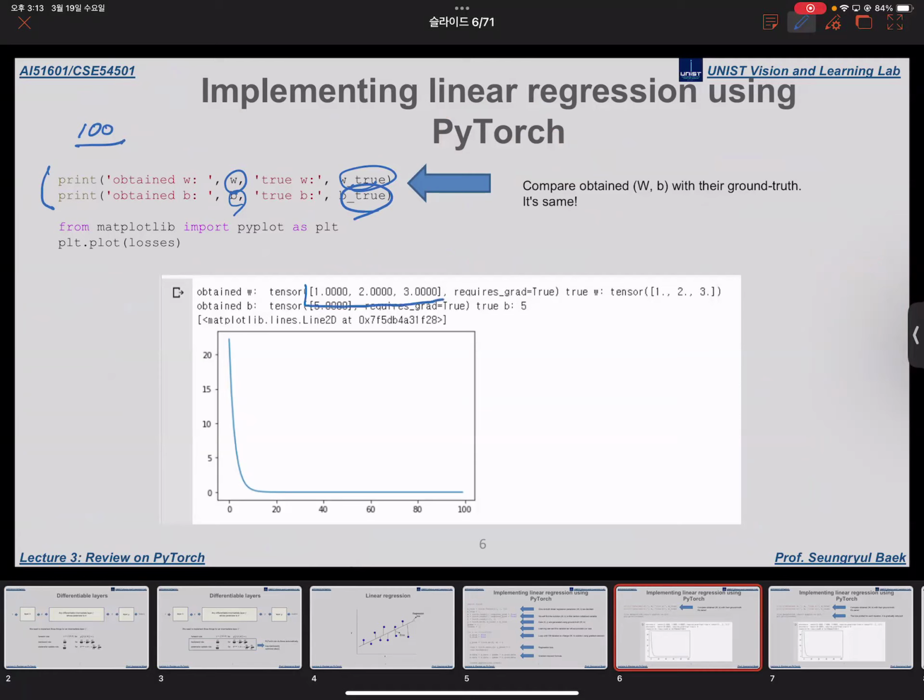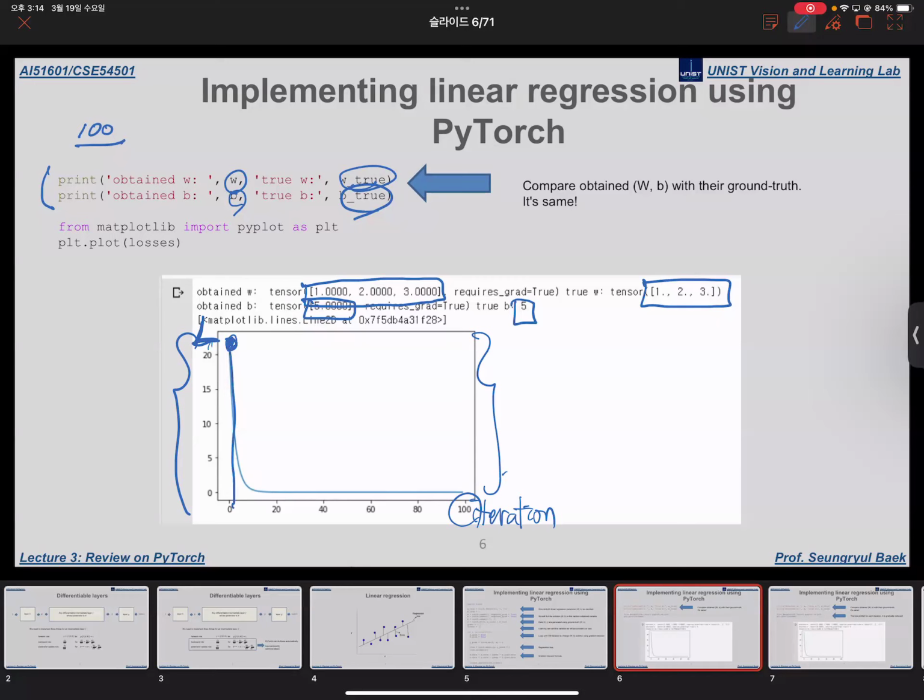Then you can now find that their obtained value is actually the same as the set value. Okay, and this is the visualization of the loss L for each iteration. So iteration goes to 100, and loss L initially, the distance between prediction and the ground truth, is very high at the initial iteration, but it is gradually becoming less.